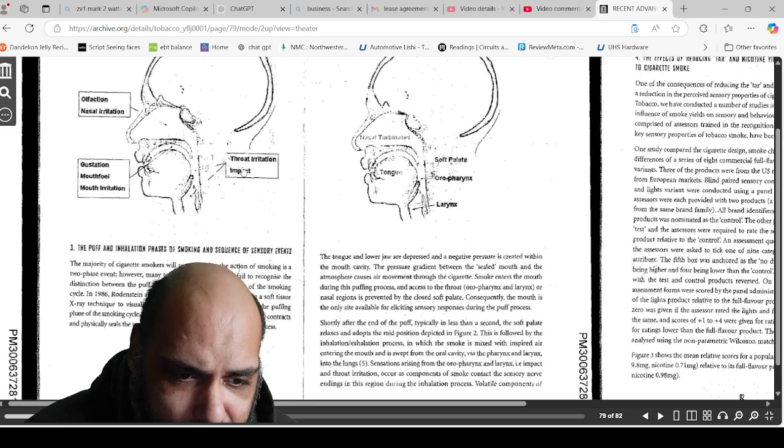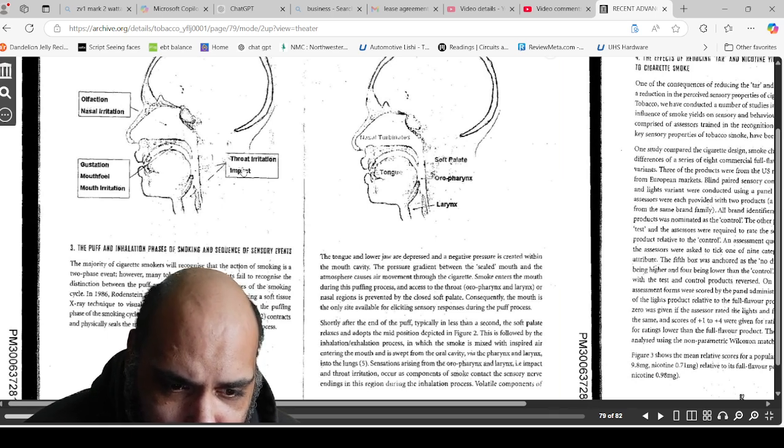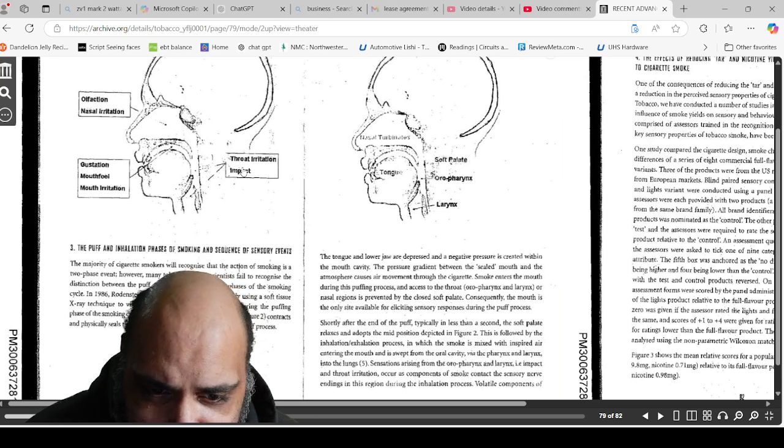In 1986, Rodstone and Stansu reported a study using a soft tissue X-ray technique to visualize the mouth and upper airway during the puffing phase of the smoking cycle. They observed that the soft palate, see Figure 2, contracts and physically seals the mouth from the oropharynx during the puff process.